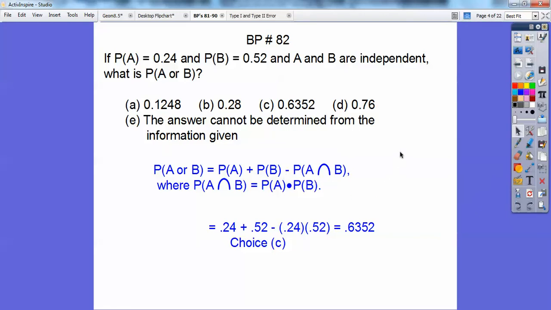Do you remember when your teacher talked about this, you had two overlapping circles where they overlapped in the middle. Here's A, here's B. We add the probability of A and we add the probability of B, and that middle part gets counted twice. So we take it off once right there. So the probability of A or B, we get choice C on that one if we do our math right.